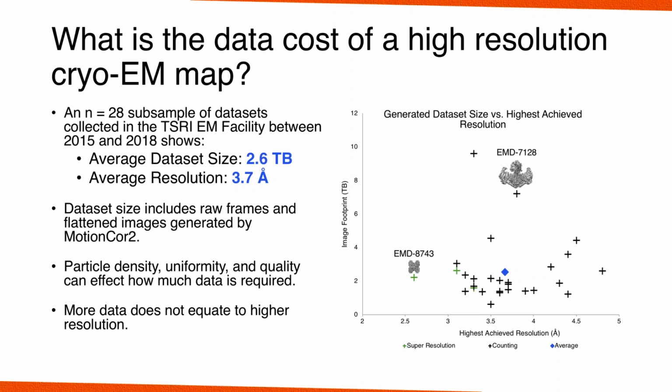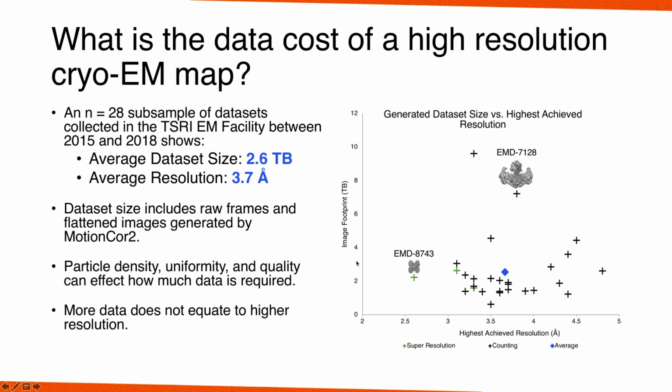So everything that's generated from the microscope and associated collection computers, as compared to the highest resolution achieved. And here we can see that for a high-resolution data set, the average we see, this blue dot, is 2.6 terabytes, and that's just raw data. So that's a pretty substantial amount when you consider that you can get a data set pretty quickly. The average resolution shown here is 3.7 angstroms.